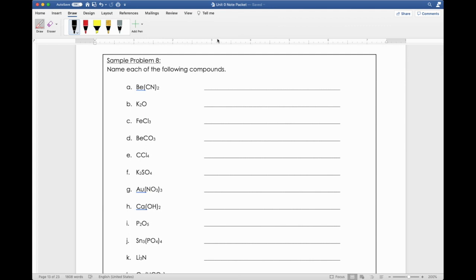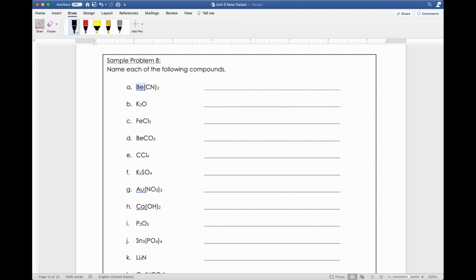Like I said, I want you to get comfortable with not using the flow chart, so you can reference that if you like and follow that appropriately. You can find out how to do that in one of the videos that I linked below, but I'm going to not use that in this case and show you how I would name these without having to look at that. So we're going to name each of these compounds here.